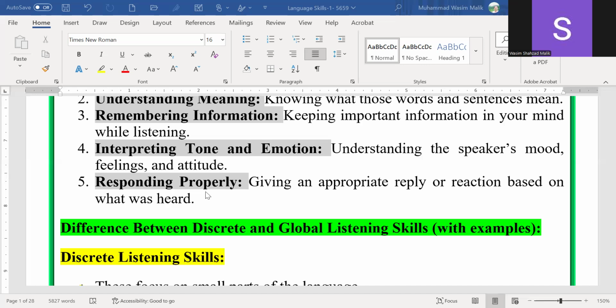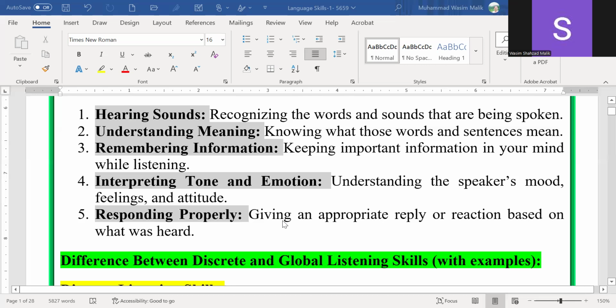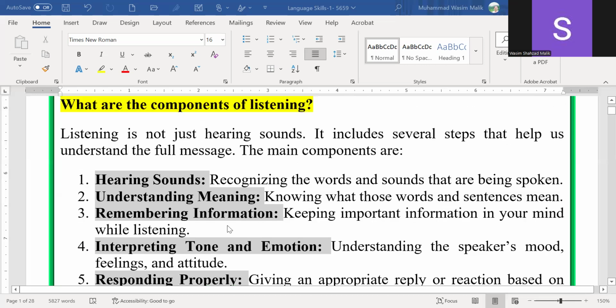Fifth, responding properly: after listening, you should be able to answer in a proper way based on what you have just heard. So these were the five components: hearing sound, understanding meaning, remembering information, interpreting tone and emotion, responding properly. So these are the components of listening.